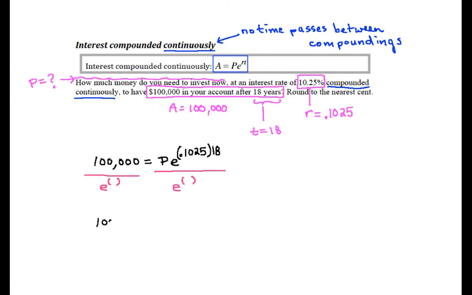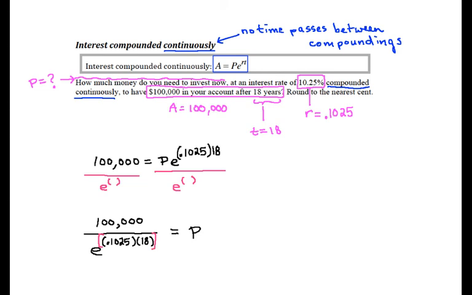So the expression I want to let my calculator handle is 100,000 divided by e to the 0.1025 times 18. And I am going to have to make sure that I put this product in parentheses so that my calculator treats the whole thing as an exponent.